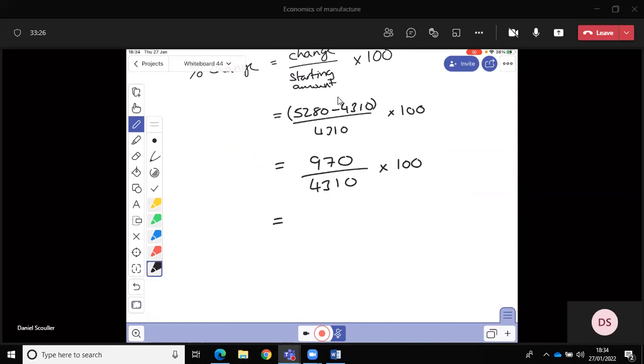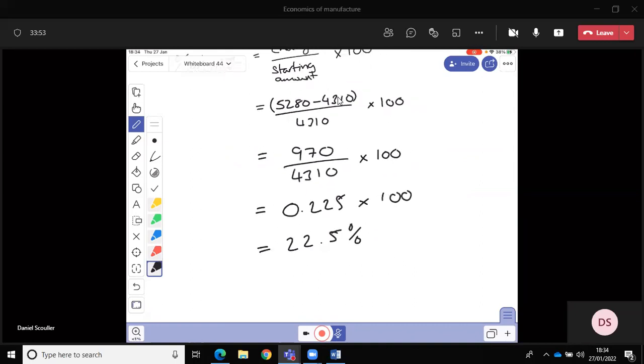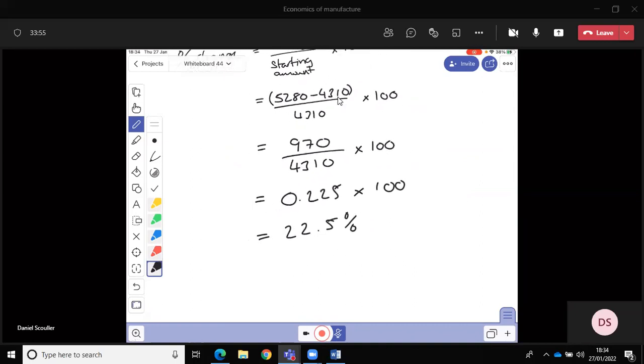That calculation, 970 divided by 4310, gives me 0.225, and multiplying that by 100, I'm getting a percentage increase of 22.5%. That is just the ratio of 100, that's just our decimal.